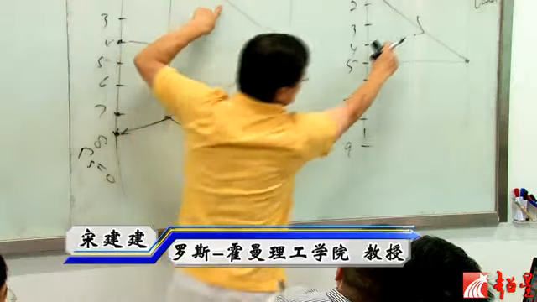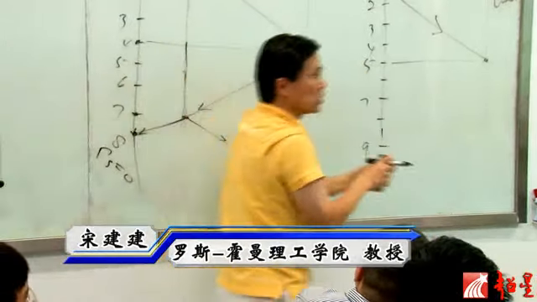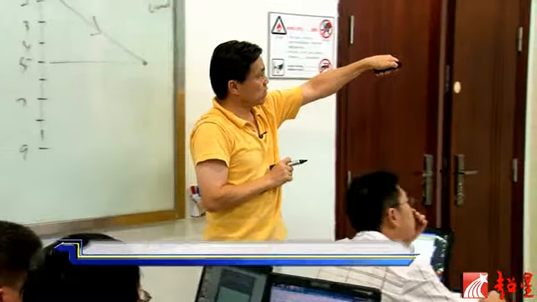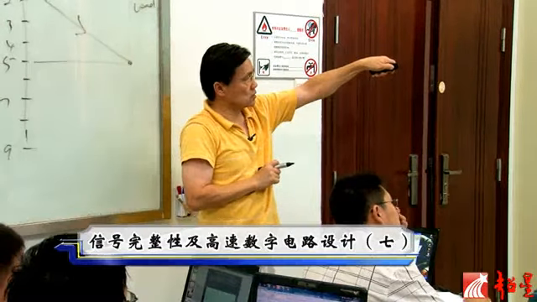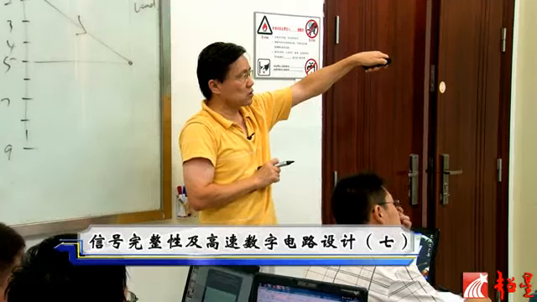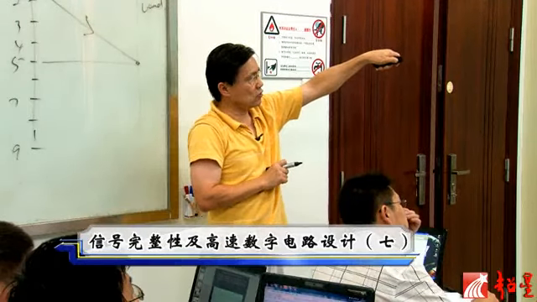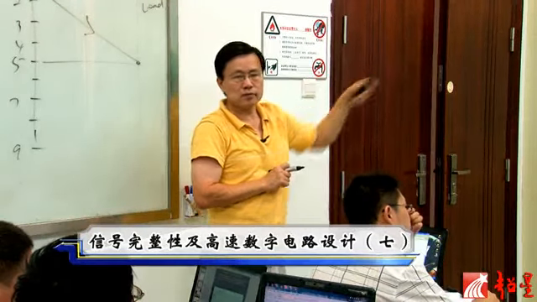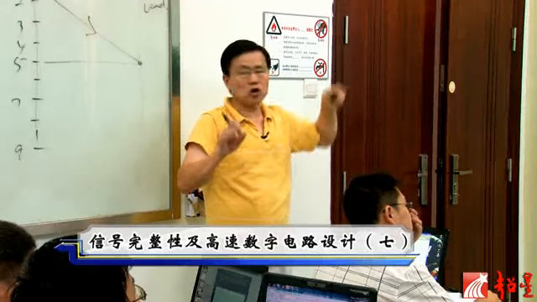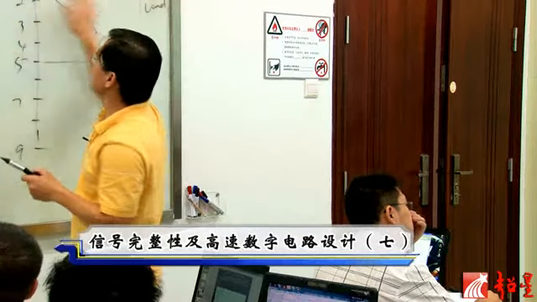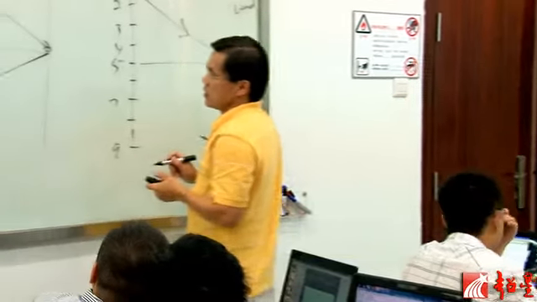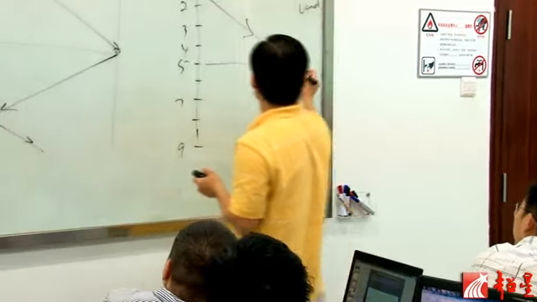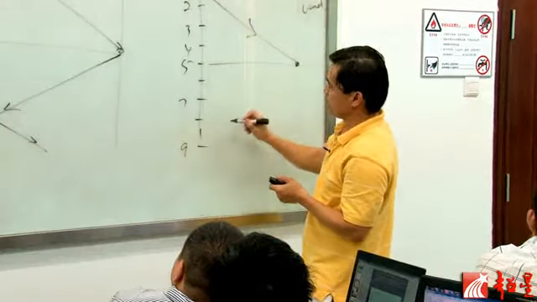These two voltages are the same, because these two are in parallel, so the same voltage is going to travel on this line and also on this line. Of course, once it reaches here, it's going to reflect back.